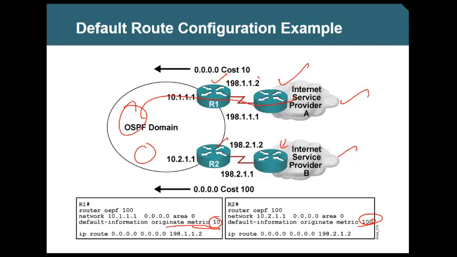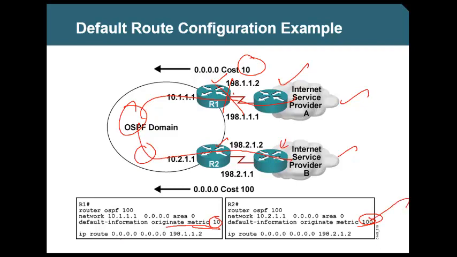Smaller the cost, better is the route. Only when R1 fails, goes down, will R2 be used because of the metric.